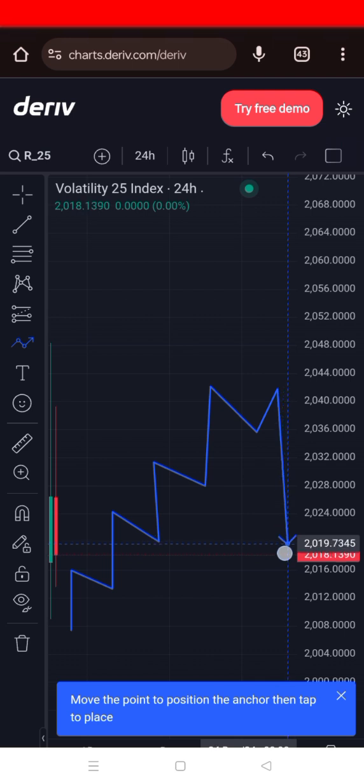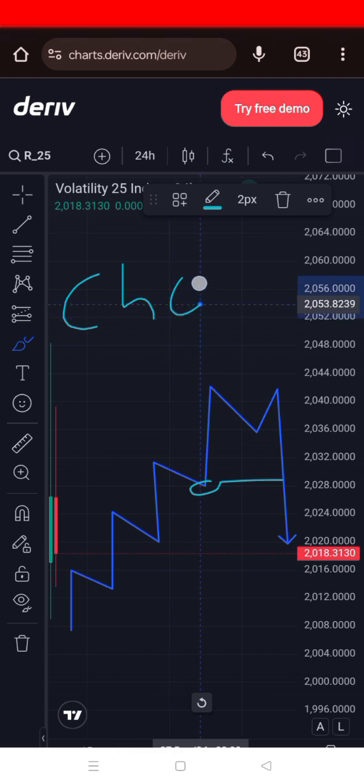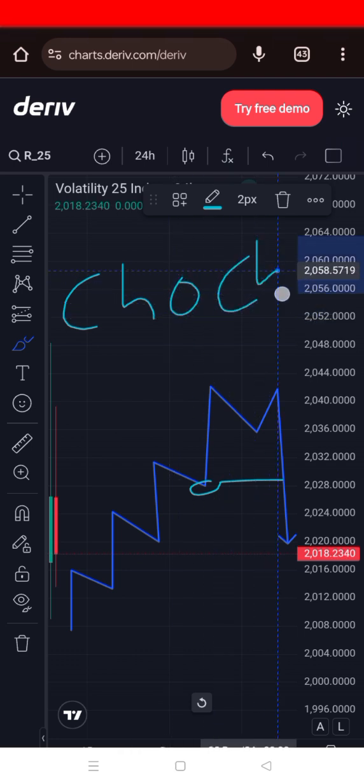This marks the change of direction of the current market when it breaks that point. It must break the higher low of the previous movement of the market. That's the CHOCH, the change of character.